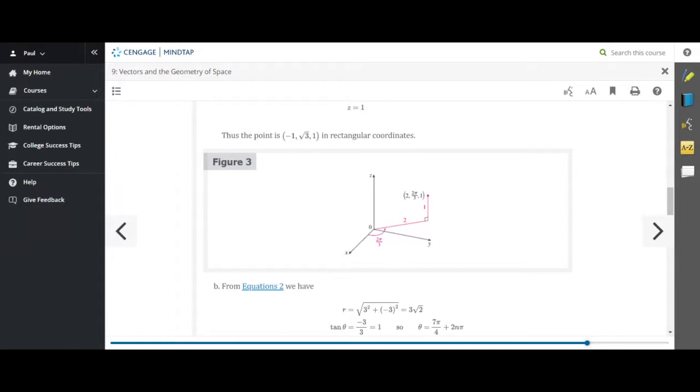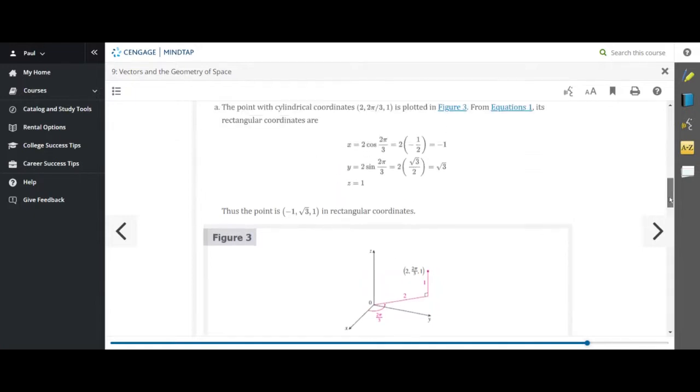Now, what we want to do next is find the Cartesian coordinate that goes with that. We know that the x coordinate is going to have to be negative, the y coordinate is going to be positive, and the z coordinate is already 1. So let's go ahead here and go up a little bit.